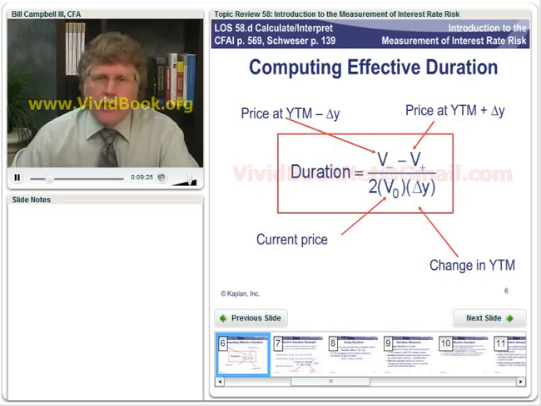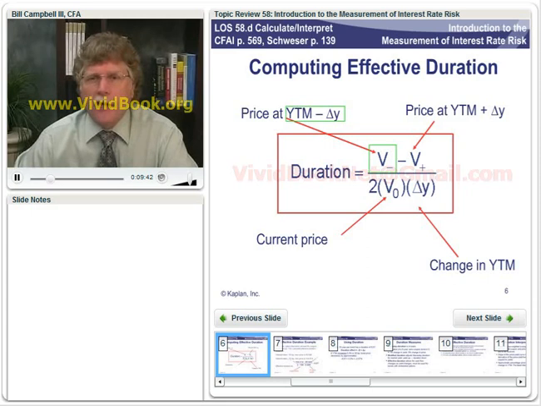So we change the yield, we drop the yield by an amount delta y, and that gives us a new price on the bond. And of course, when yields drop, we expect the price of the bond to go up, so this should be higher than the current price.